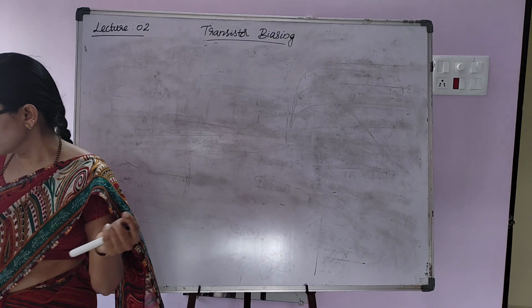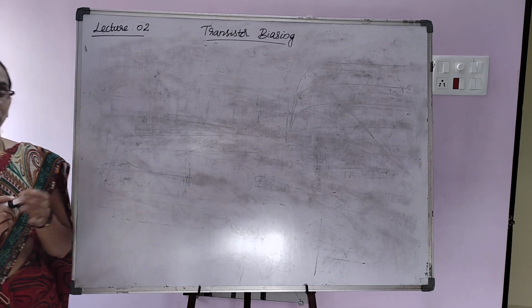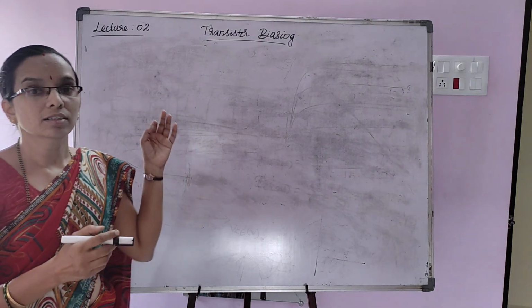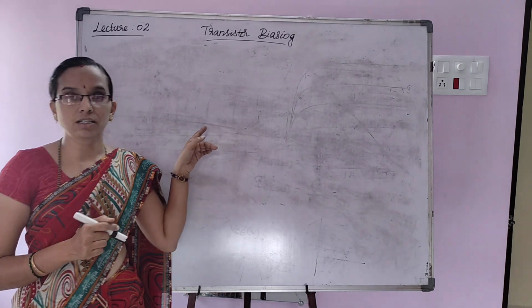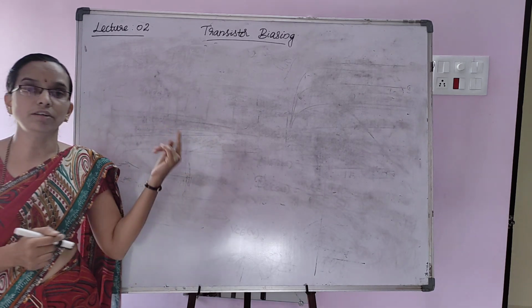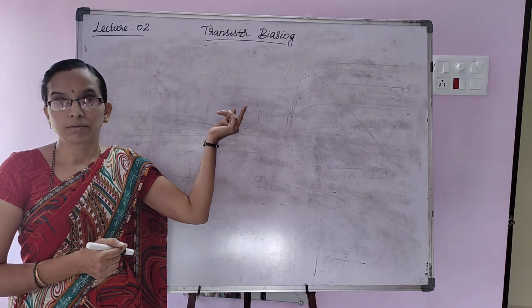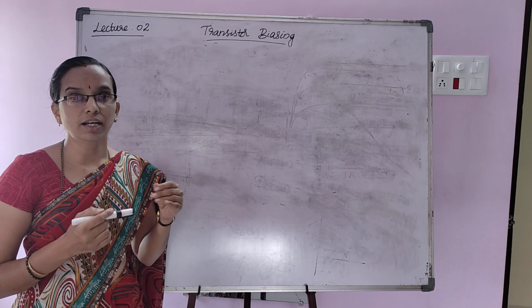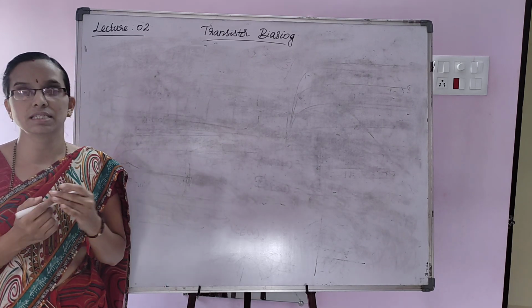In further studies, you will study in detail how to differentiate among these biasing circuits, what the disadvantages of the other biasing circuits are compared with the voltage divider biasing circuit, and why it is the universal biasing circuit.